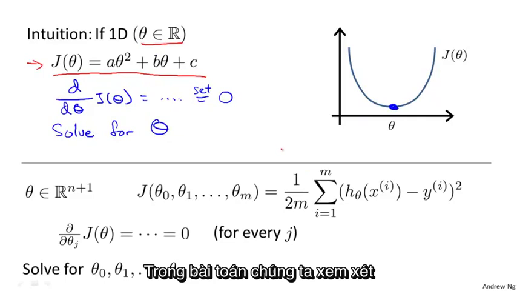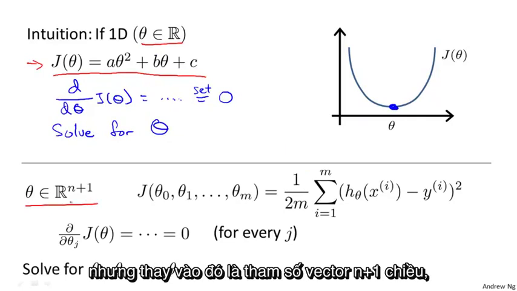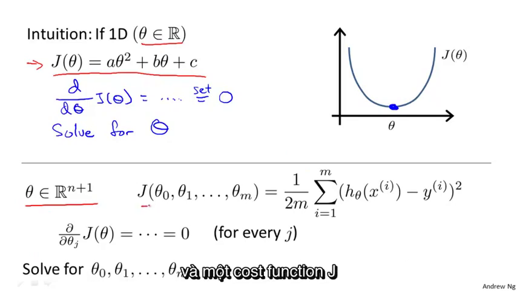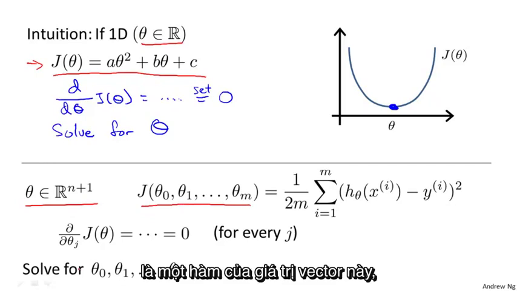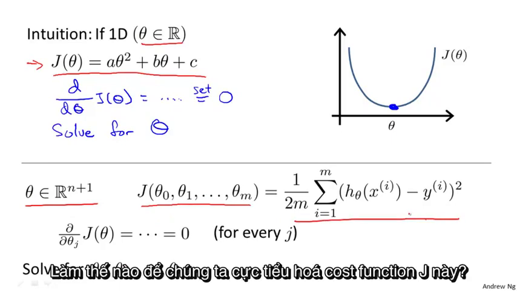In the problem that we're interested in, theta is no longer just a real number, but instead is this n+1 dimensional parameter vector. And our cost function J is a function of this vector value, or theta 0 through theta n, and the cost function looks like this sum squared cost function on the right. How do we minimize this cost function J?